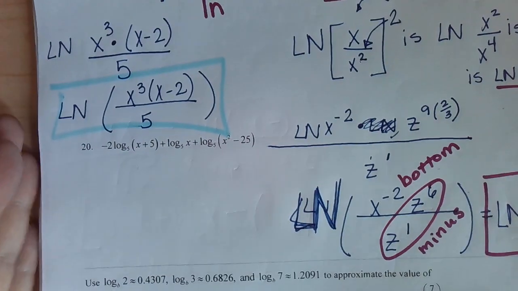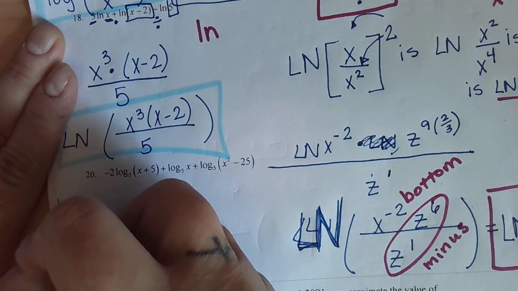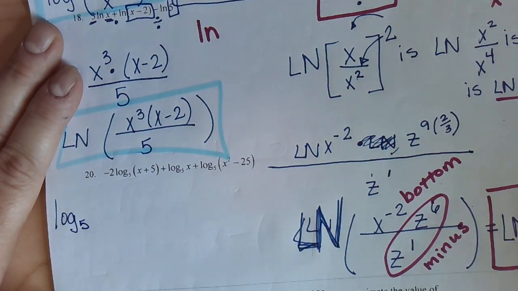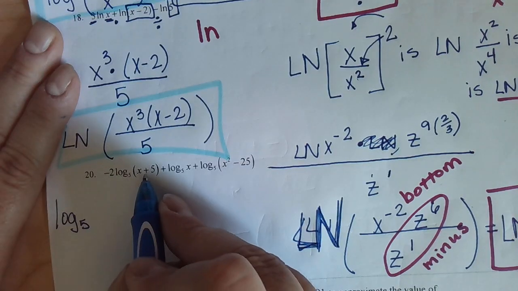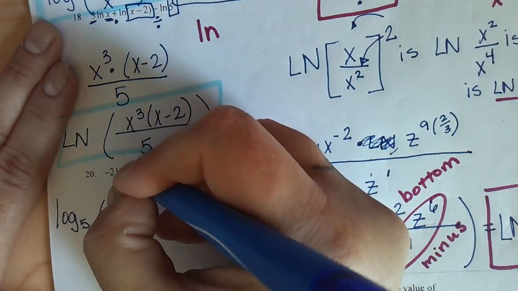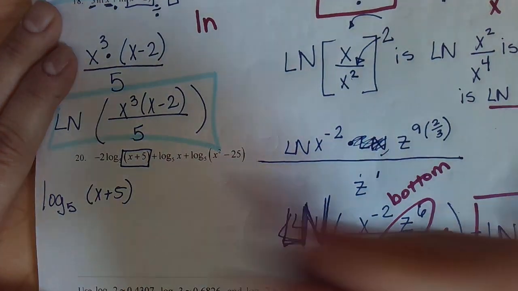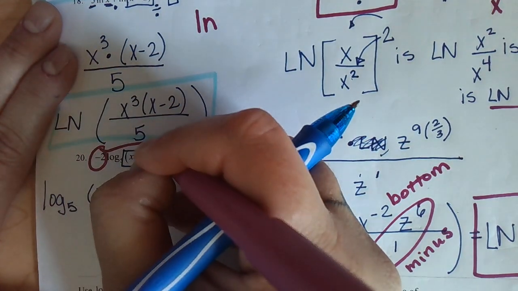All right, let's go to number 20. Okay, first, we're going to have log 5 because we need a single log. Then I'm going to have x plus 5, because I see this x plus 5. But what exponent is on it? Well, dag darn it, I got to bring up that negative 2.